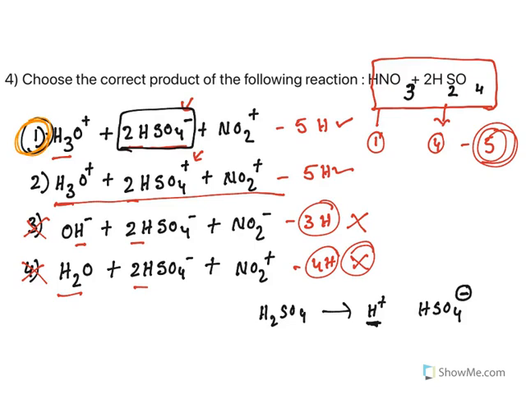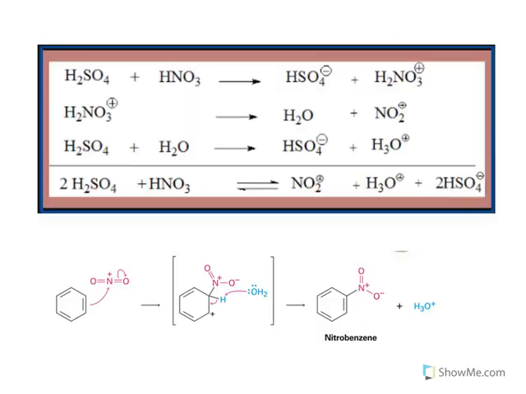My dear students, you don't need to understand all the reactions. Just look at the balancing of hydrogens and use your common sense, and you will get the answer. This is what you need to develop instead of cramming and memorizing everything. For your knowledge, this is what happens. H2SO4 and HNO3 protonate nitric acid, nitric acid releases these species, and finally you get this mixture. This is what a typical nitration reaction is, and you get nitrobenzene.